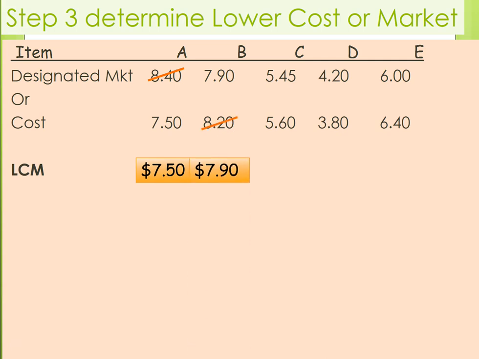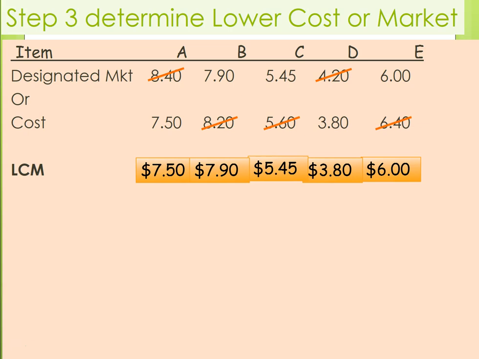For item C, it's going to be, again, the designated market. For item D, it's going to be our cost. And for item E, it's going to be the designated market. So remember, it's the lower of: after we decide what the designated market is, we compare it to cost, and whichever is lower is what we're going to use.